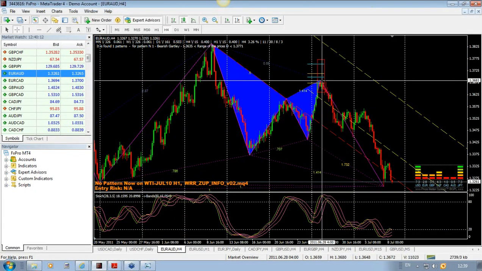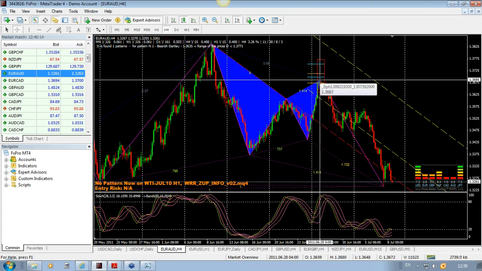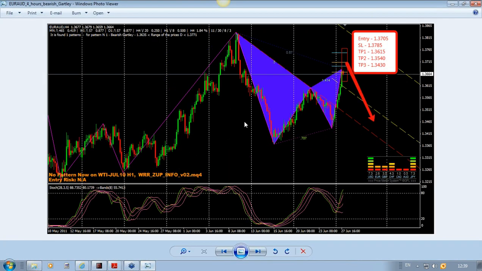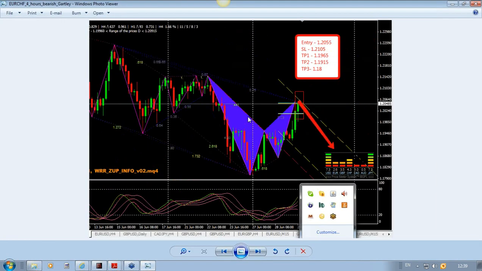Why didn't we enter here? Because at this point the stop loss was around 100 pips and the first profit was 80 pips. That's not good. It worked, it retraced, but it is not good, and we don't want to take this kind of trade. Remember that.